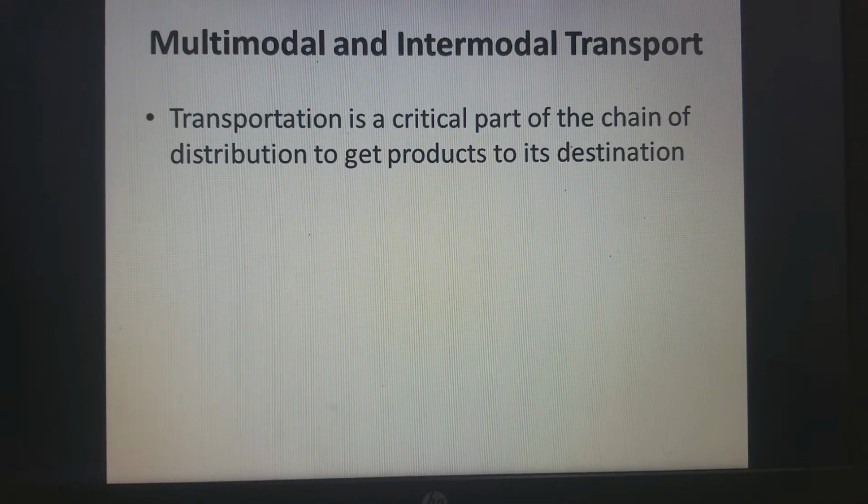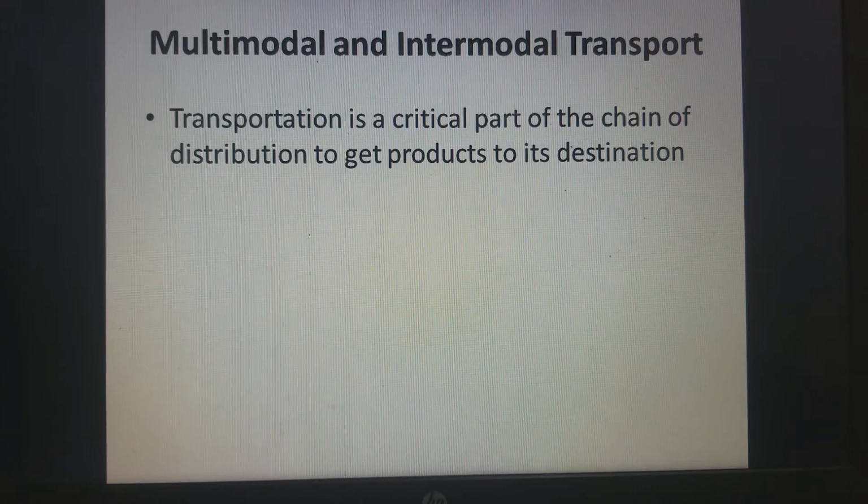Now we're going to look at modalities of transport, what is known as multimodal and intermodal. So there is multimodal transport and intermodal transport. What is meant by that? Well, listen. Transportation is a critical part of the chain of distribution to get products to their destination.